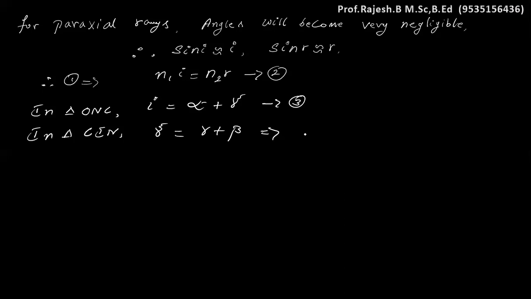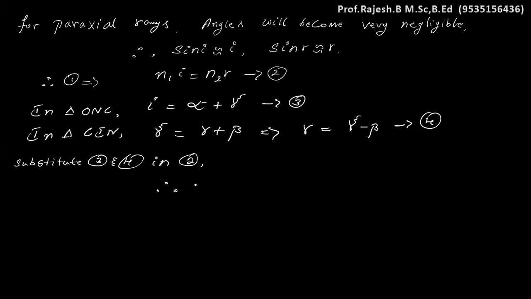So R becomes gamma minus beta. Call it equation 4. Now I have the I value and the R value, so substitute 3 and 4 in 2.